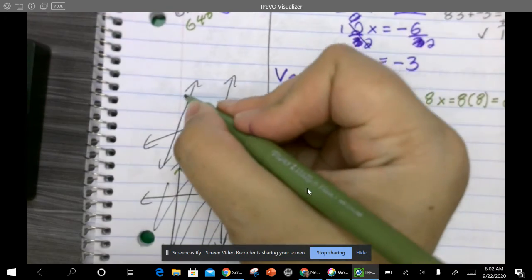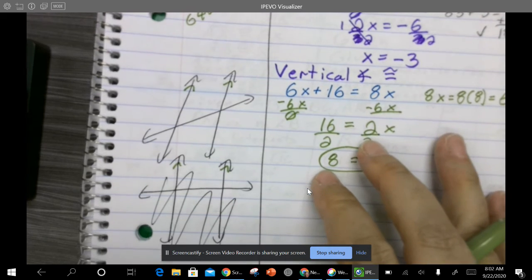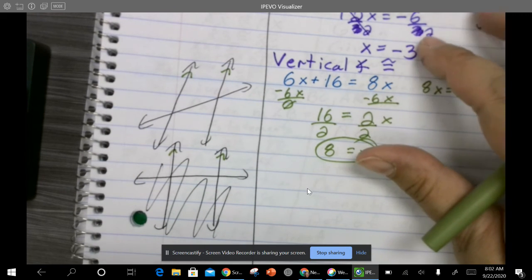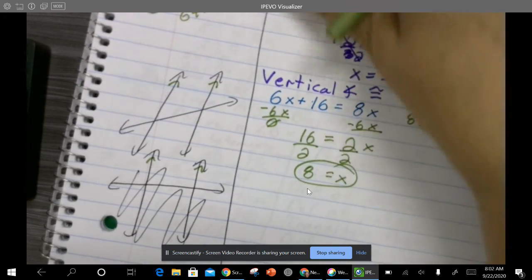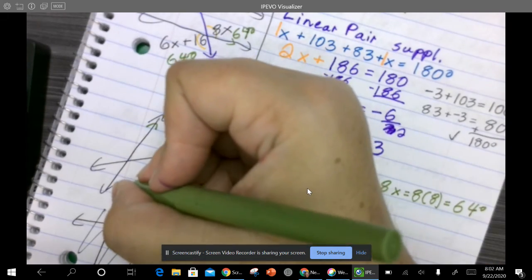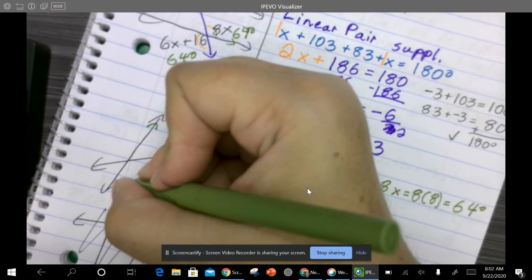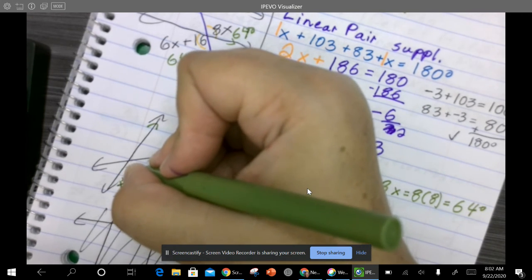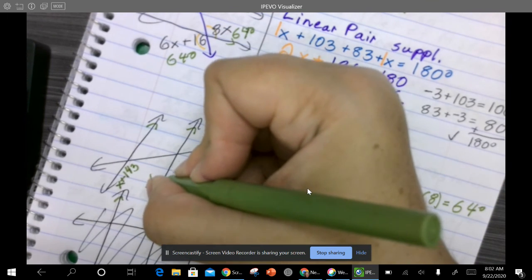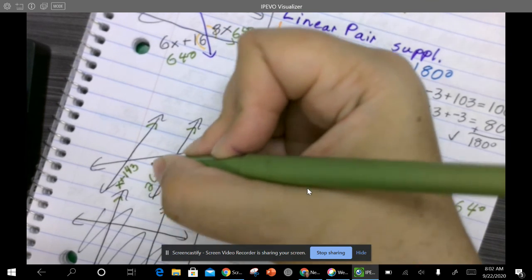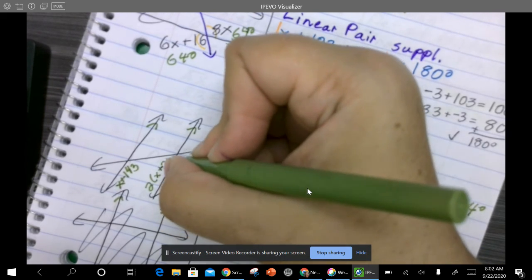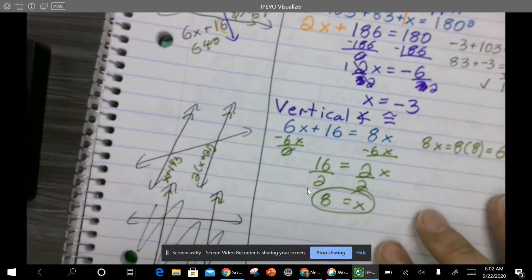Okay, so we have, this is going to be x plus 103, and this is going to be 2 times x plus 21.